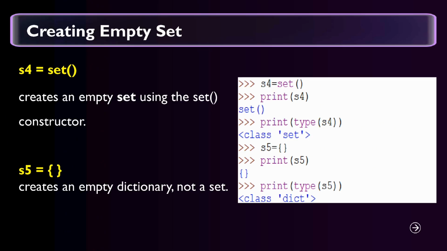Now let us learn how to create an empty set in Python. To create an empty set, the correct way is to use the set constructor. Here in this example, S4 is created using a set constructor.